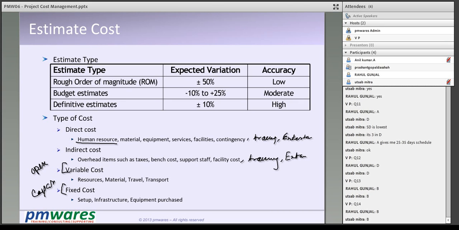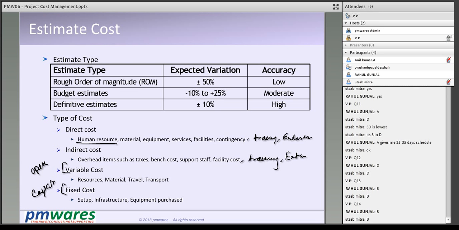So like setup cost: you are starting a project, you need some software licenses, you need some computers, you have bought some computers, bought some software licenses. Now this money is spent even if the project closed tomorrow. So fixed cost is the cost once incurred, it is incurred only once, it's not a recurring cost.